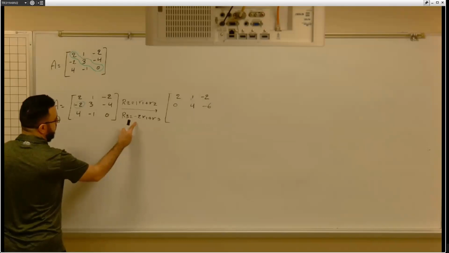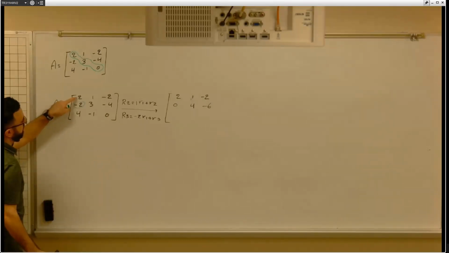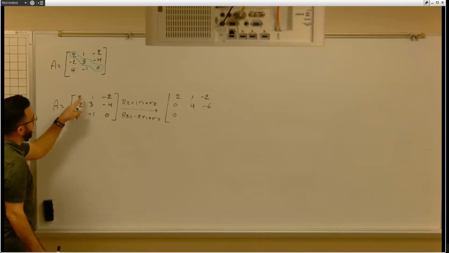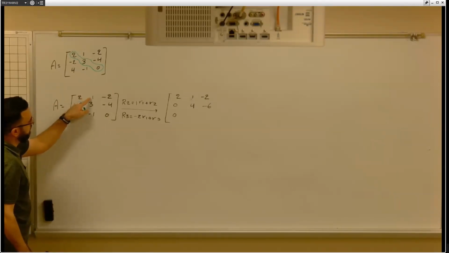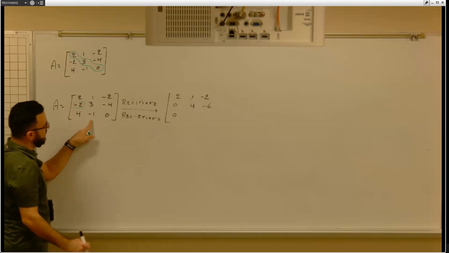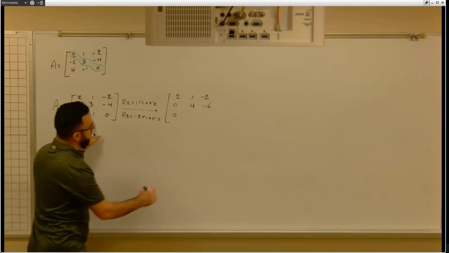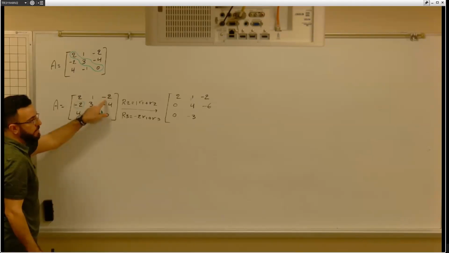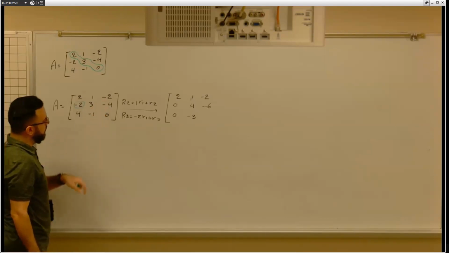Now, -2 times 2 is -4, plus 4 is going to be 0. -2 times 1 is -2, minus 1 is -3. -2 times -2 is going to be 4, plus 0 is 4.